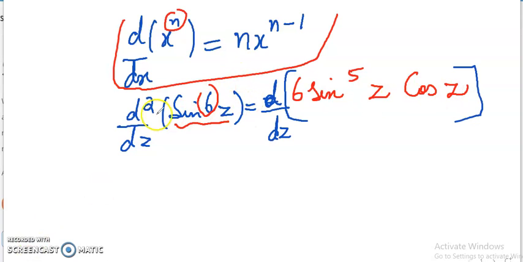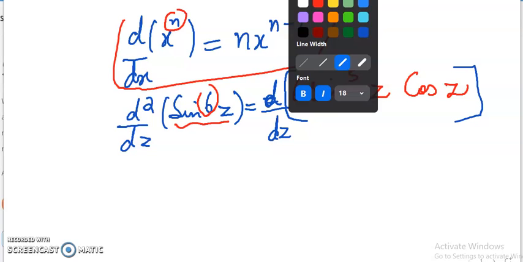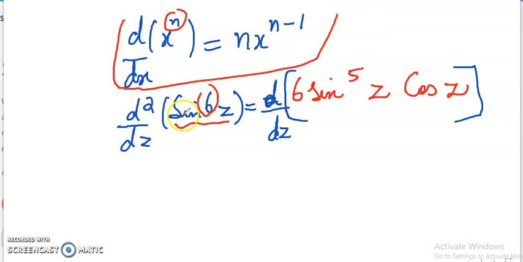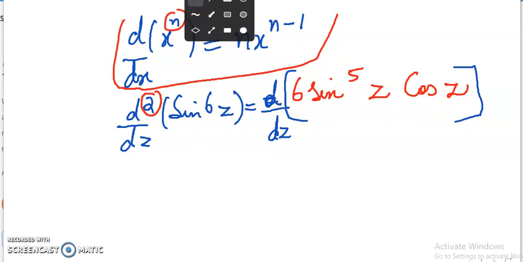Actually we have to differentiate 2 times, so this is the second derivative. Sine power 6, we have differentiated the first time to get this, so let us differentiate one more time. That's why I have taken d by dz here.